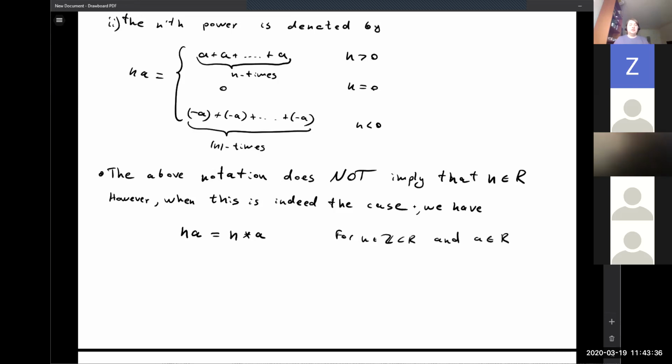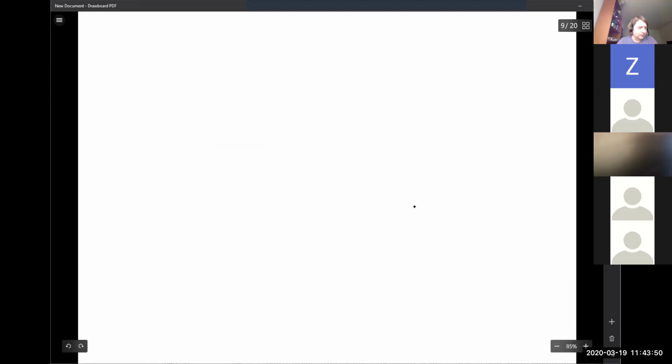Okay, so now there is a technical lemma. Once we introduce the definition of a ring in definition 1, we will have to prove that kind of standard properties of 0 and additive inverses hold. Lemma 1.